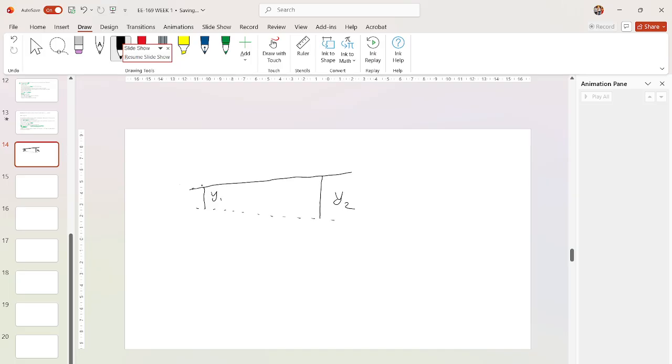Now, as you know, this is your straight line, this is the axis. Now you have here theta 1, theta 2. This is T from here to here.